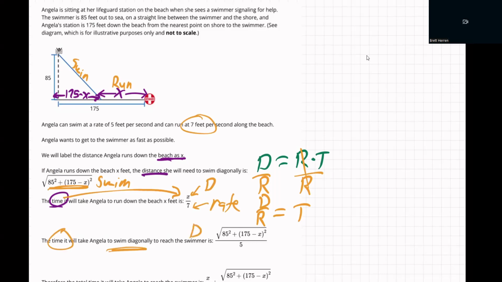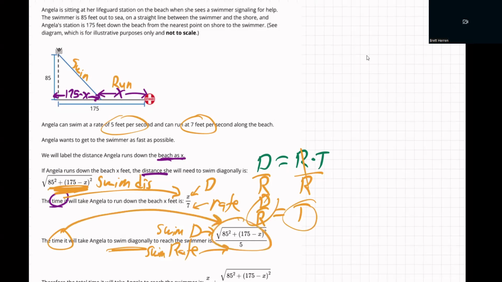There's the distance for swimming, the swim distance as we found here, and this is the swim rate. She swims at 5 feet per second. So again, distance over rate, that's time. This is the swim time.